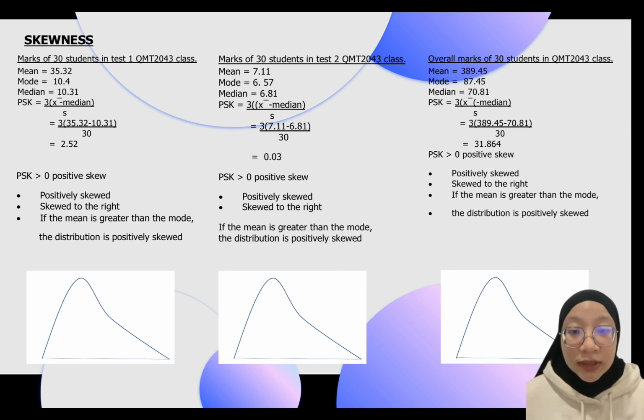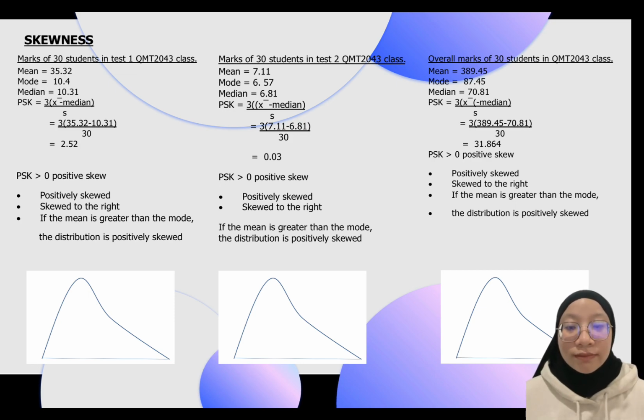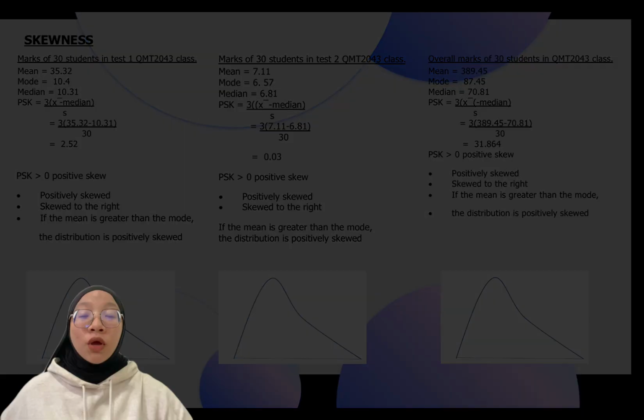The total PSK we calculated is 31.864. So PSK is bigger than 0 and the graph is positive skew. So that's all for me.